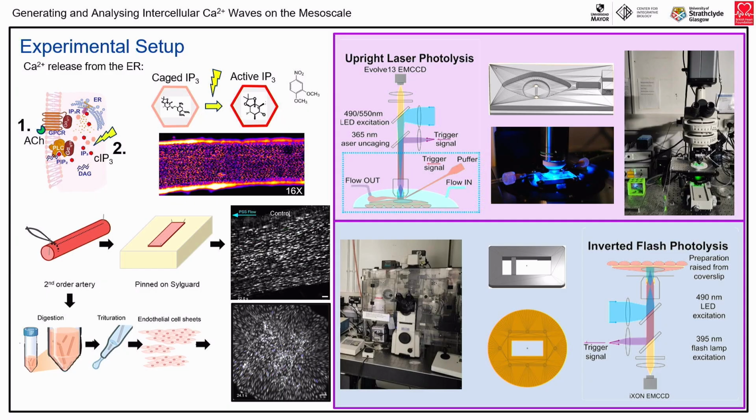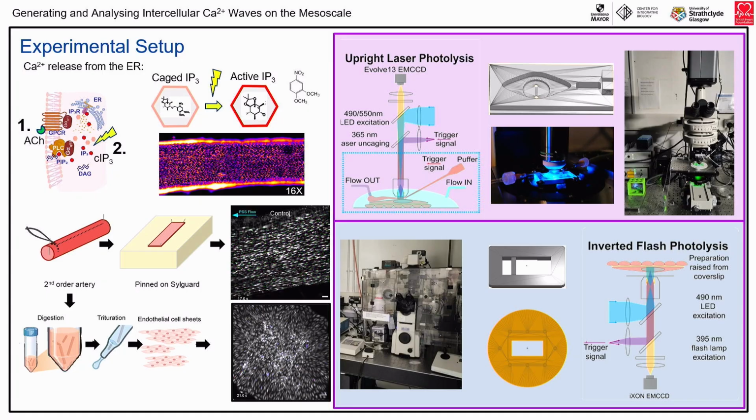The other way is to use a caged form of IP3. This is inactive until you shine UV light on cells where this compound has been incubated. Then you get release of the caging group, allowing you to really precisely release calcium in specific cells or within that cell.